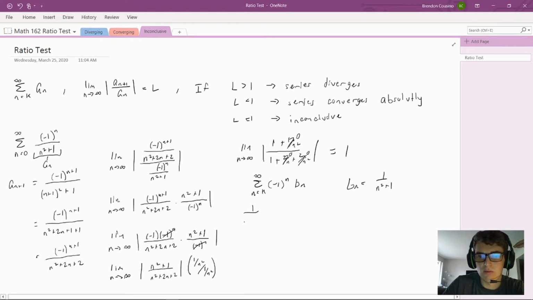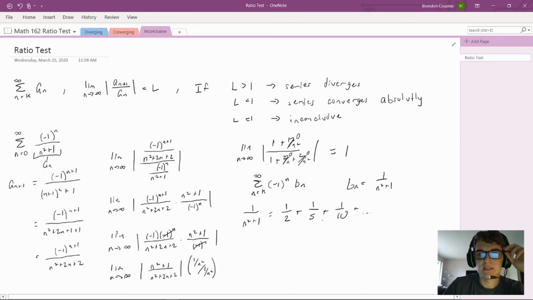When n is equal to 1, we have 1 over 1 plus 1, which is 1 over 2. Then the next one is 1 over 2 squared, which is 4, plus 1 is 5, plus 1 over 3 squared, which is 9, plus 1 is 10, and then plus dot, dot, dot, and so on.